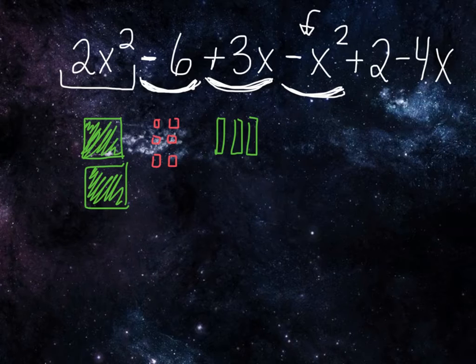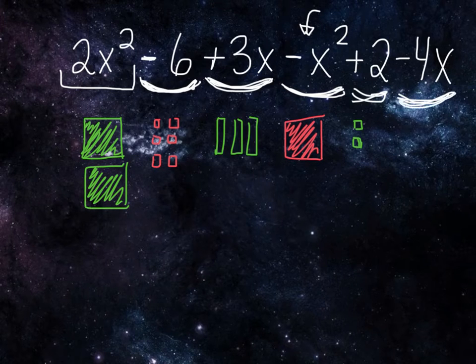And we knew we were going to draw that with a large red square. After that, we've got a plus 2, and we're going to draw that with two positive ones, our little squares. So we've got 2 of those. And finally, a minus 4x, which means it's going to be negative, so we're going to be using red. And we're going to draw 4 red x's, which are the thin lines. 3 and 4. Great.